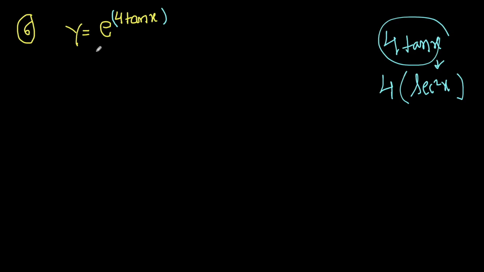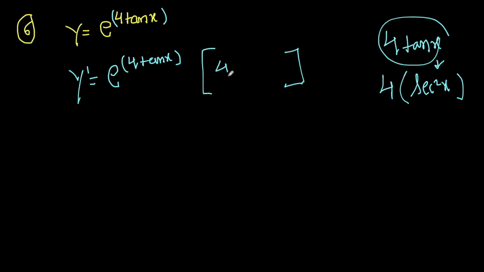y is equal to e to the power bracket, so y dash is equal to e to the power bracket, and we know that inside the bracket nothing changes. e to the power bracket multiplied by the differentiation of the bracket, and the differentiation of 4 tan x is 4 sec squared x.